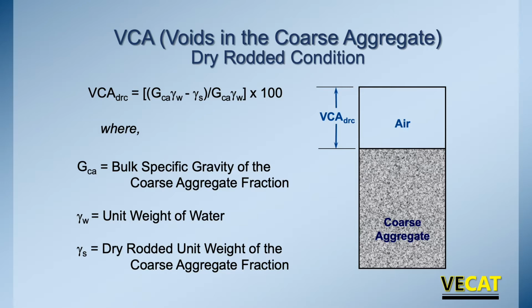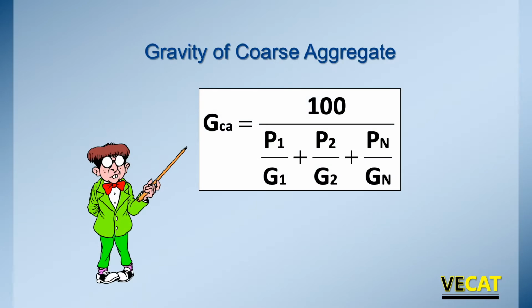You would need your GCA, which is your gravity of your coarse aggregate, the unit weight of water, and the weight of your measure and the weight of your aggregate to come up with the value of the VCA and the DRC. That should look familiar from your SuperPave mix design class. That's just a calculation where we're getting our gravity of our coarse aggregates. That is needed in that equation.